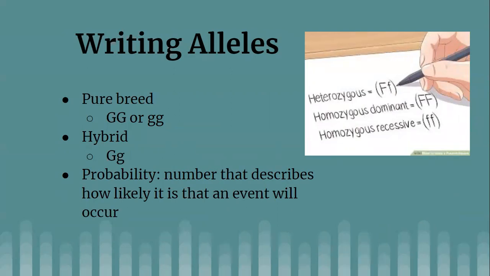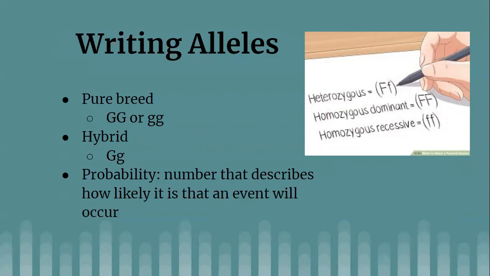When an organism has two of the same alleles for a trait, it is called a pure breed. This is represented as two capital G's or two lowercase g's. When the organism has one dominant allele and one recessive allele, it is called a hybrid. This would be represented as a capital G and a lowercase g.